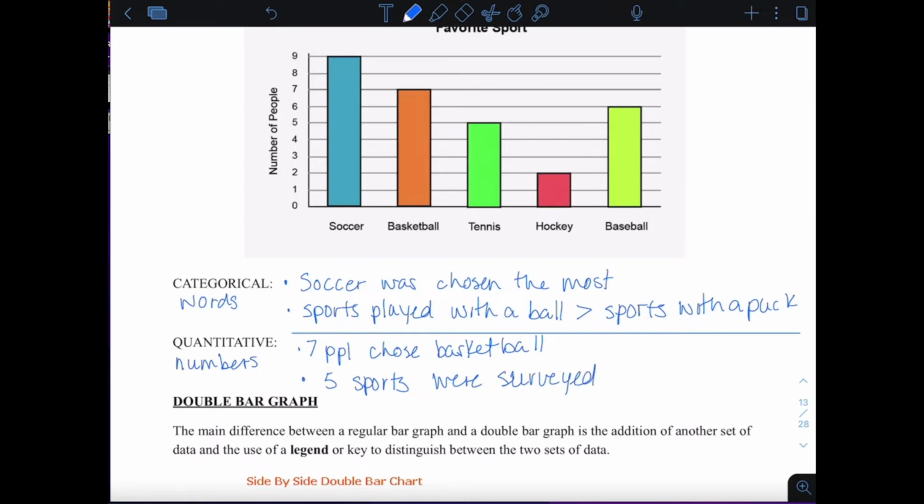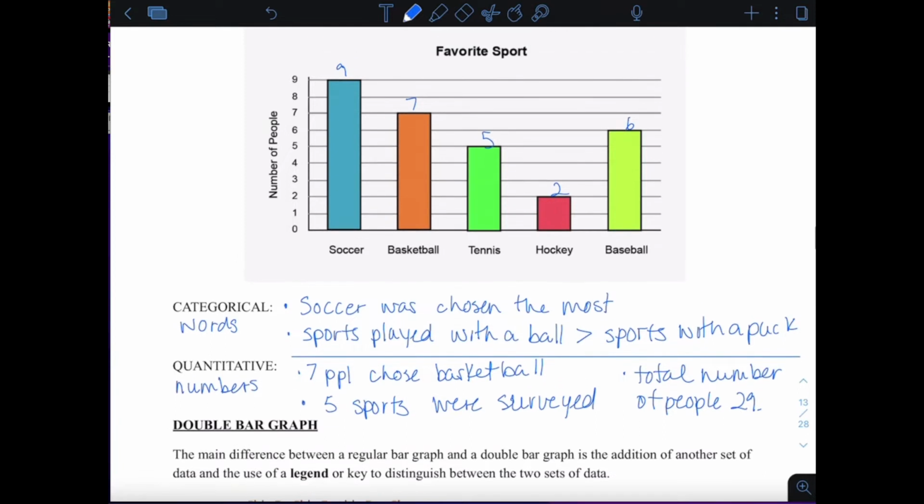We could say a total number of people surveyed was what? Well, we have 9, 7, 5, 2, and 6, which is 29.